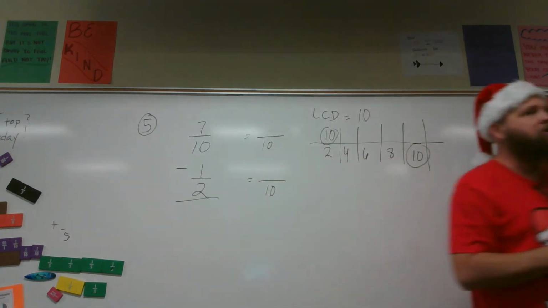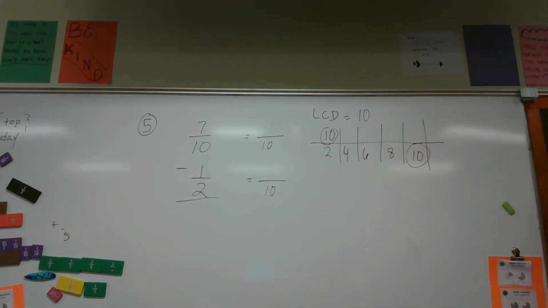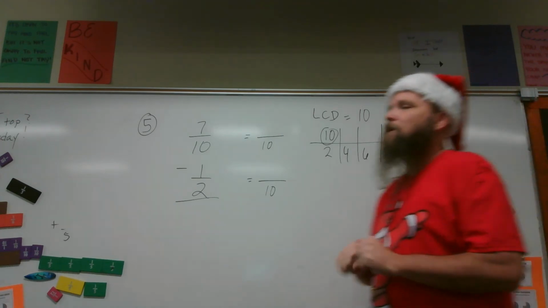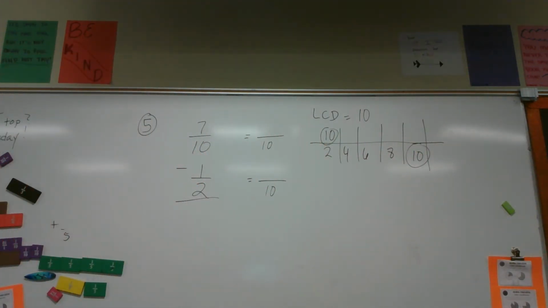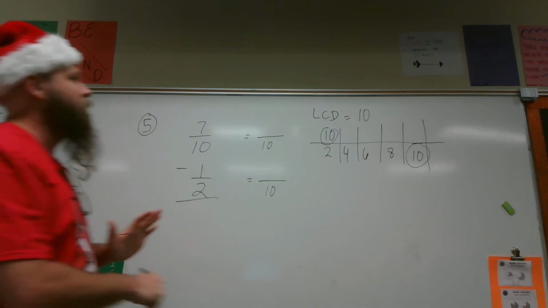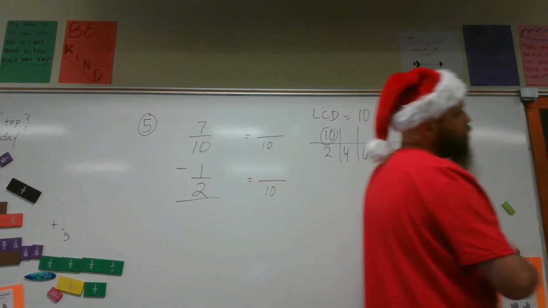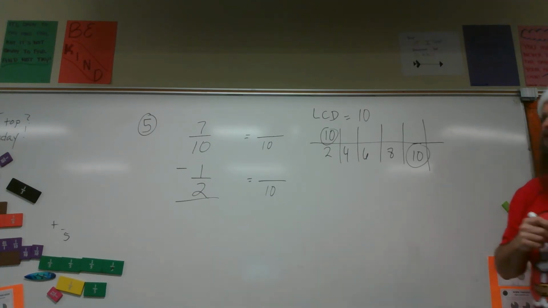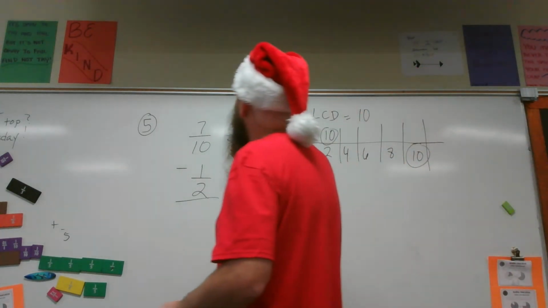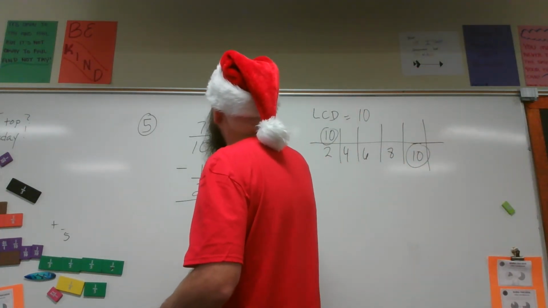So now I need to change both these fractions so that they have a denominator of 10 without changing the values. Which means I need to multiply by a fraction that equals 1.